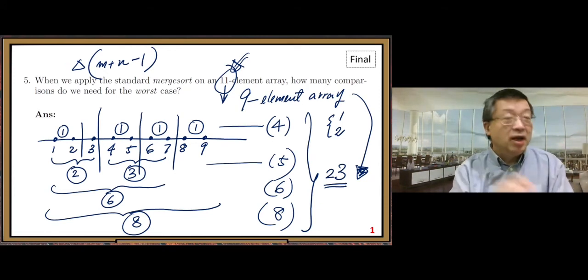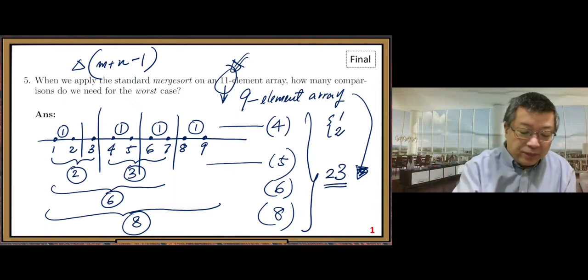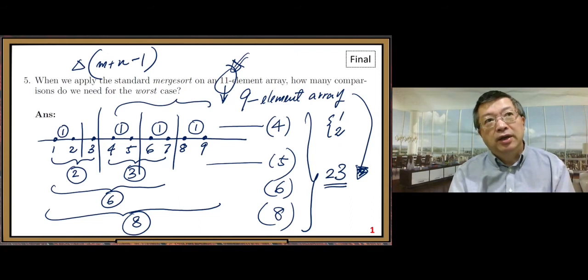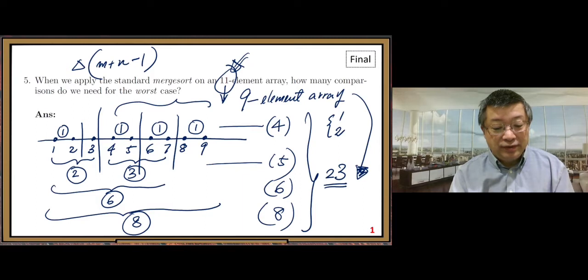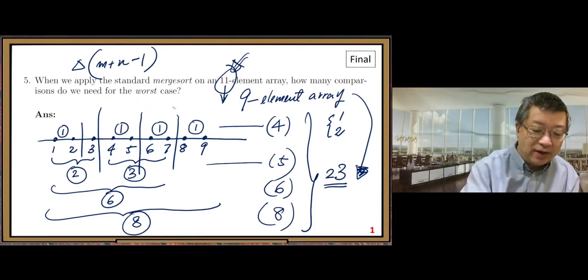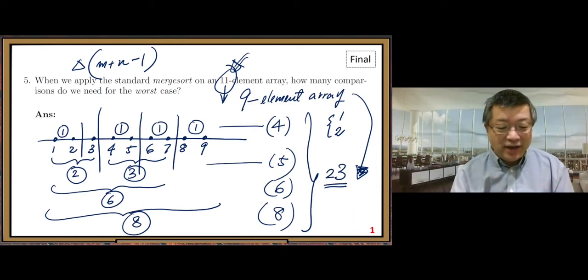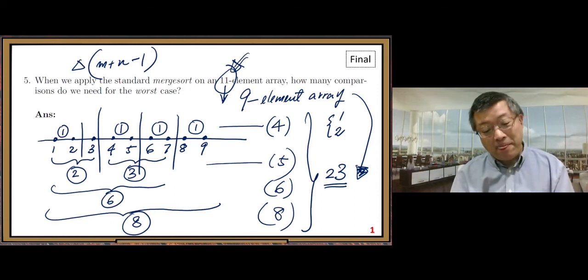Some students ask me, how about you merge the last two subarrays? If you do that, I don't know if the answer is the same or not. So that's an interesting question, right?